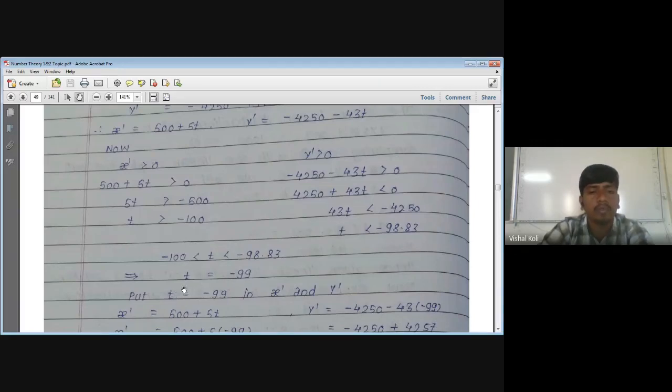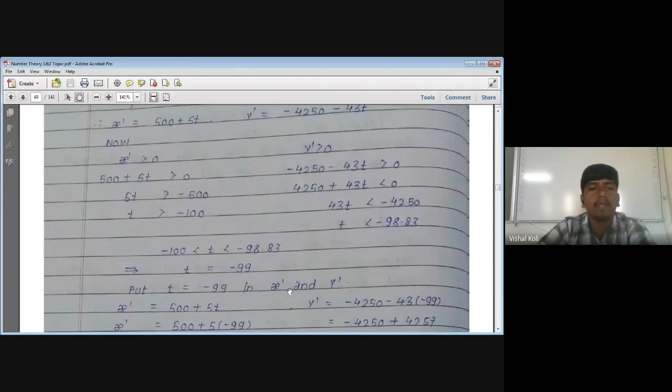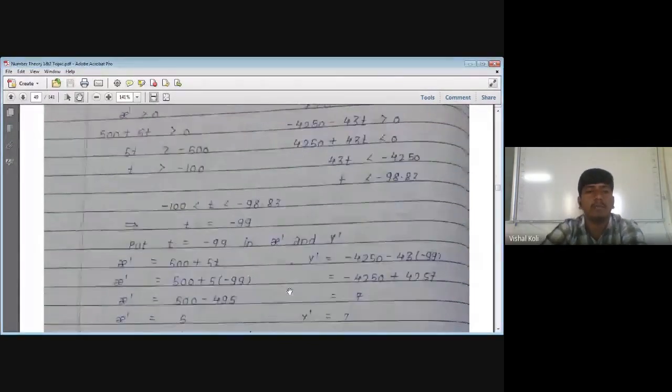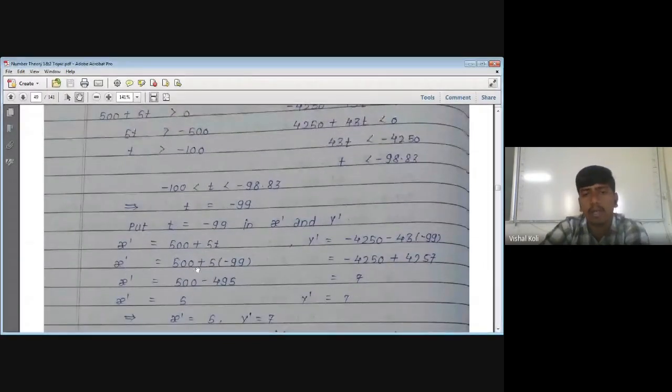Now we have to put this value t equal to minus 99 in x dash and y dash. x dash is nothing but 500 plus 5t, and y dash is nothing but minus 4250 minus 43t. Therefore, after putting t equal to minus 99, we get x dash is nothing but 500 plus 5 into minus 99, which is 500 minus 495, which is equal to 5.